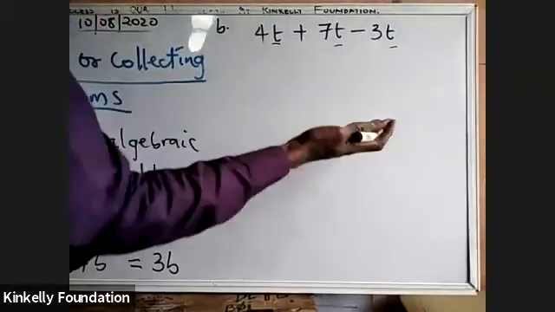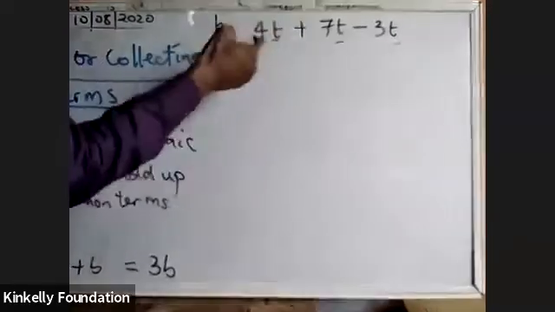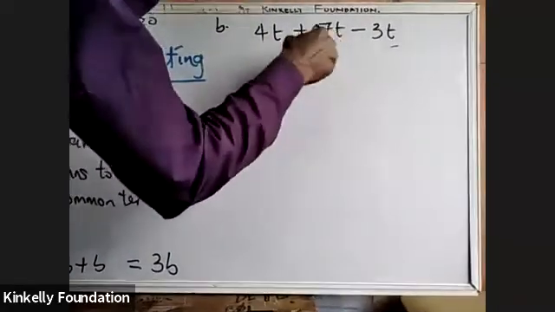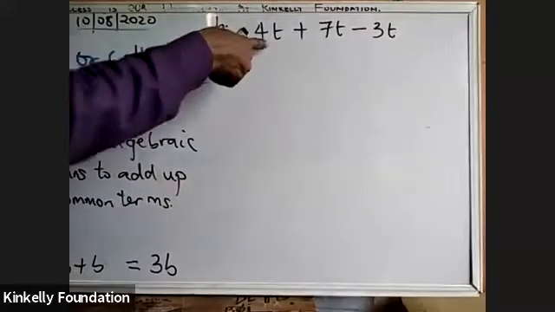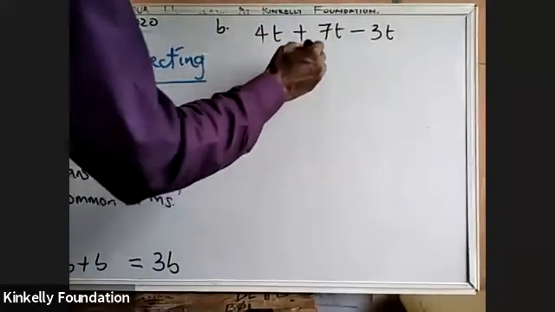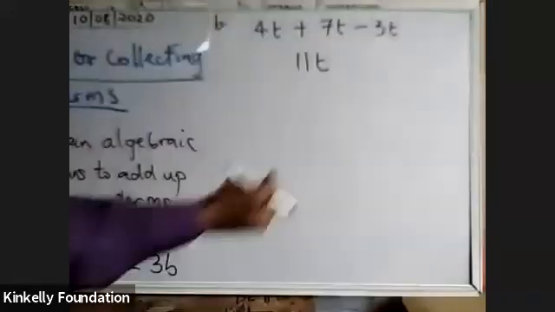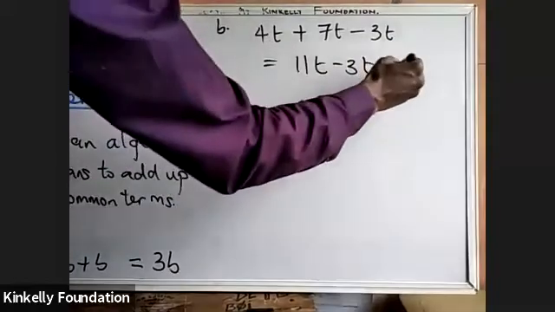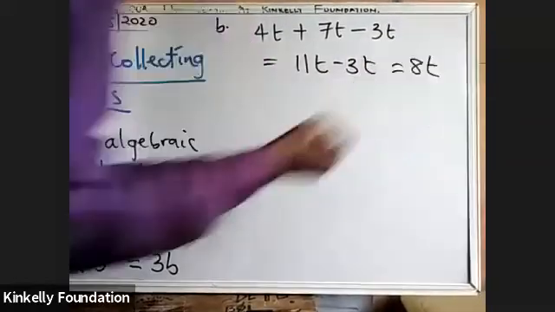We have 3 terms here. This t, t, t, which means that you can add these up. 4t plus 7t is 11t, minus 3t to give us 8t.